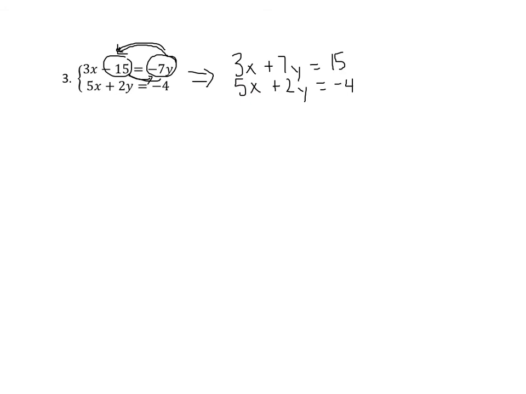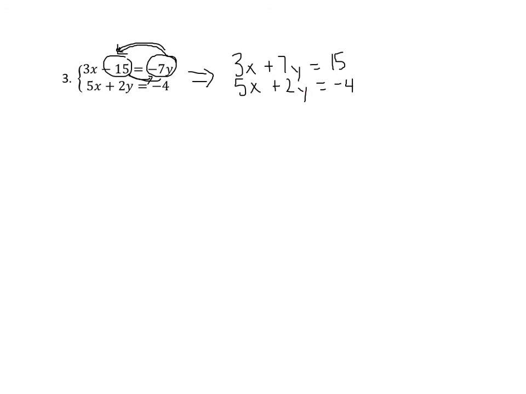So if I'm looking at my x values right here, 3x and 5x, it looks like I could change both of those to a 15x by multiplying this one times 5 and this one times 3. Over here on my 7y and 2y, I could change both of those to a 14, and so whichever one you choose, it does not matter.